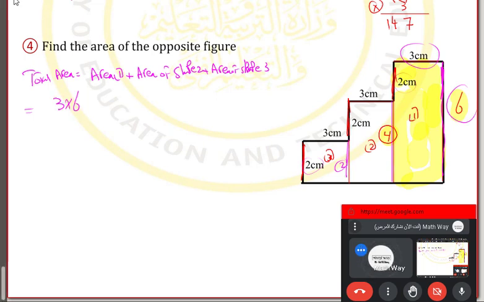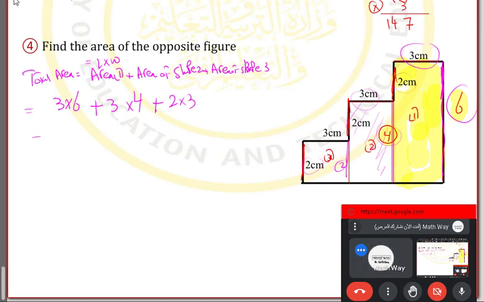We don't take the cut sides, we take the whole sides. So 3 by 6 plus shape number 2, 3 by 4. As you know, all of these are rectangles, and the area of a rectangle is equal to length by width. So 3 by 4 plus the last shape number 3, 2 by 3.